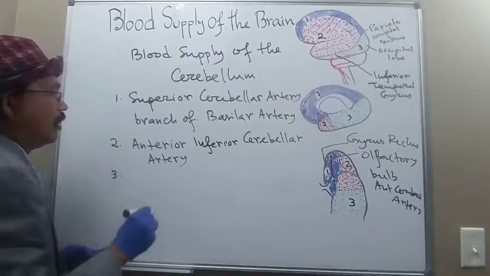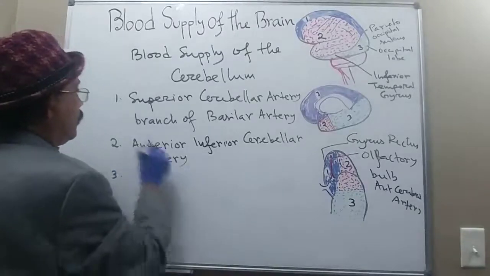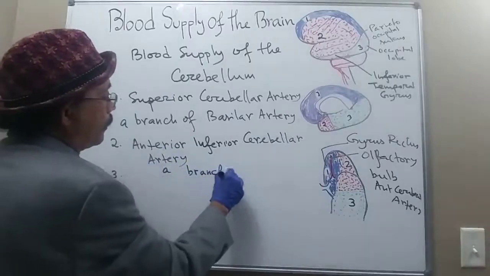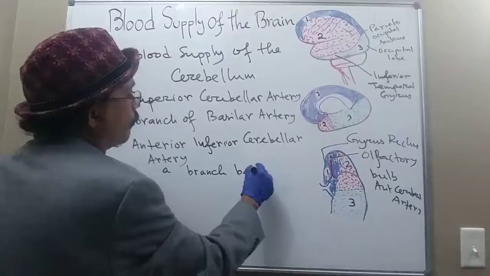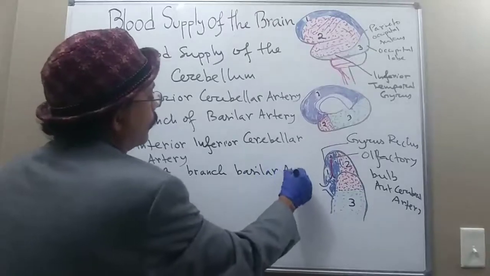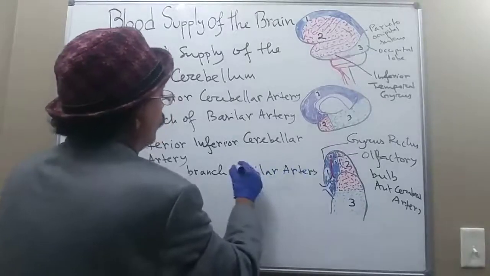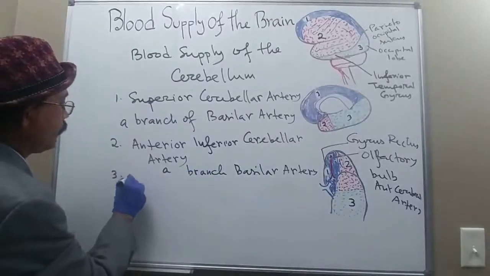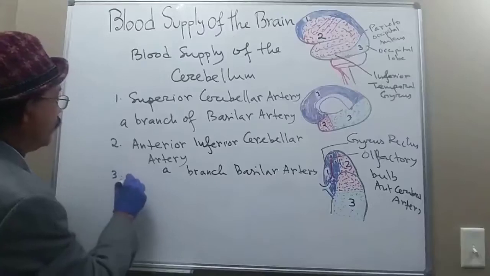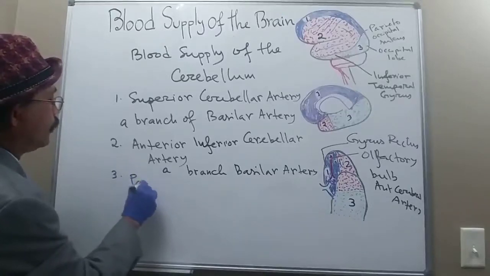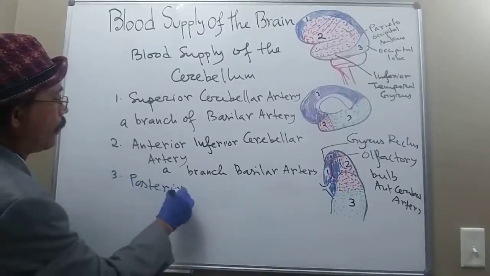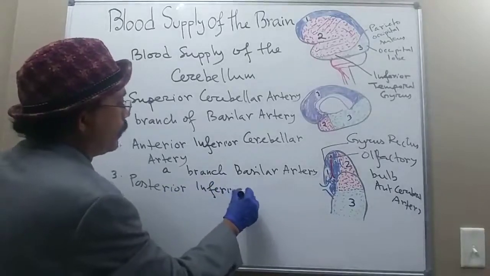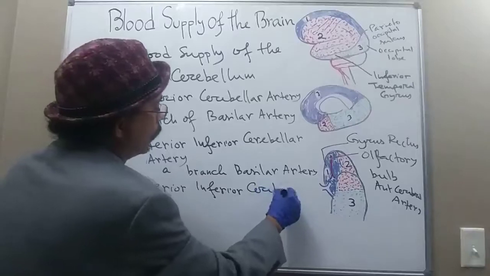Okay, we got that. So we'll get the posterior inferior cerebellar artery.